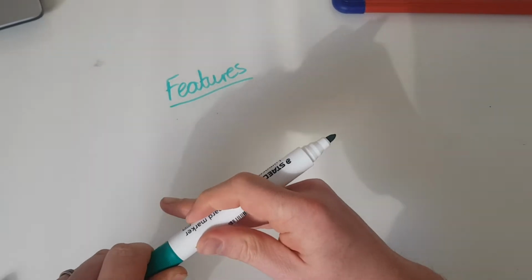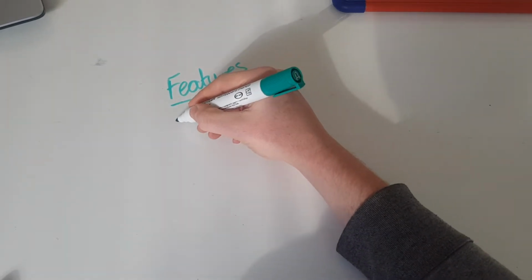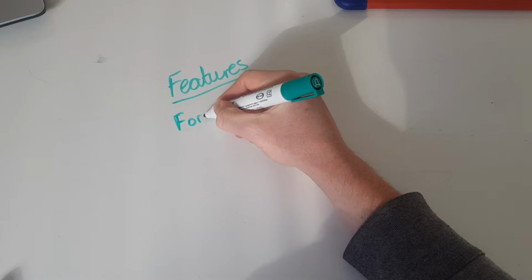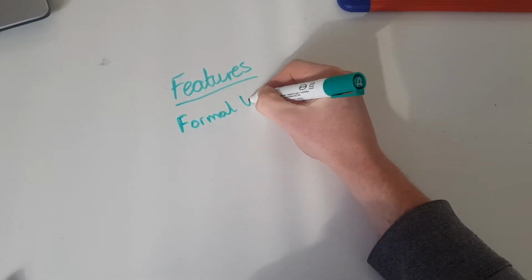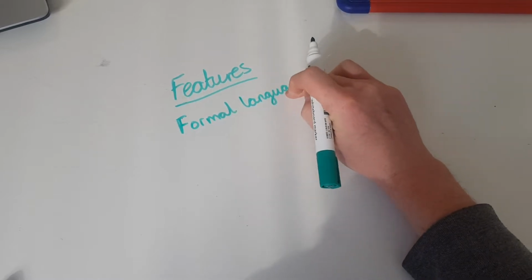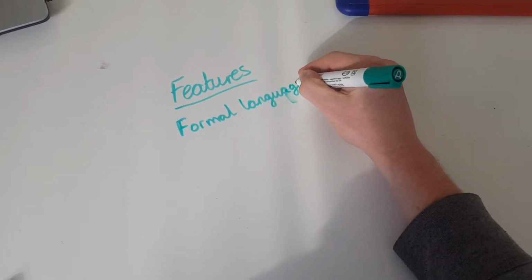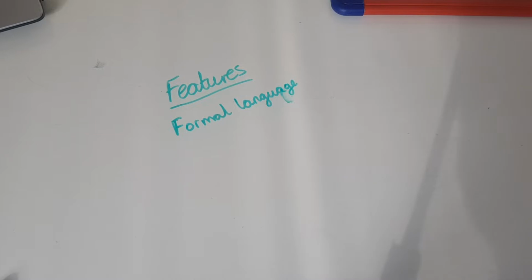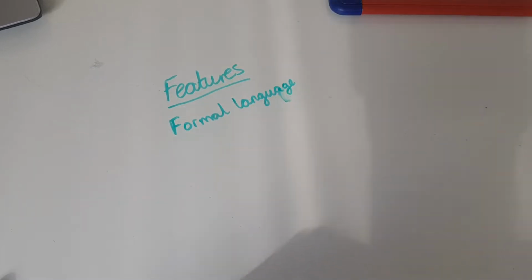If I give you a clue, formal language will be a first feature. So pause the video and come up with your own features for your non-chronological report. Off you go.